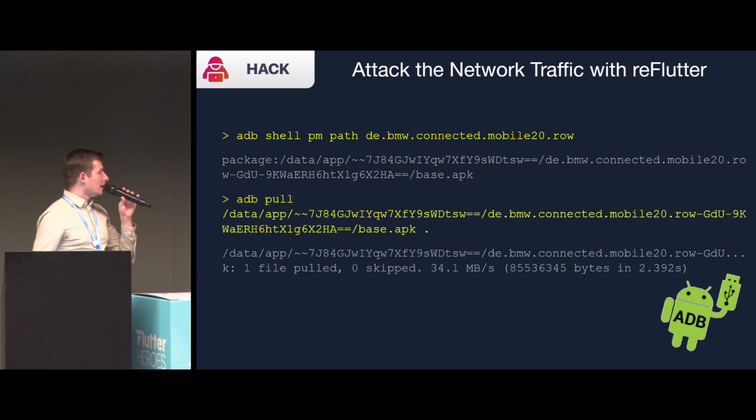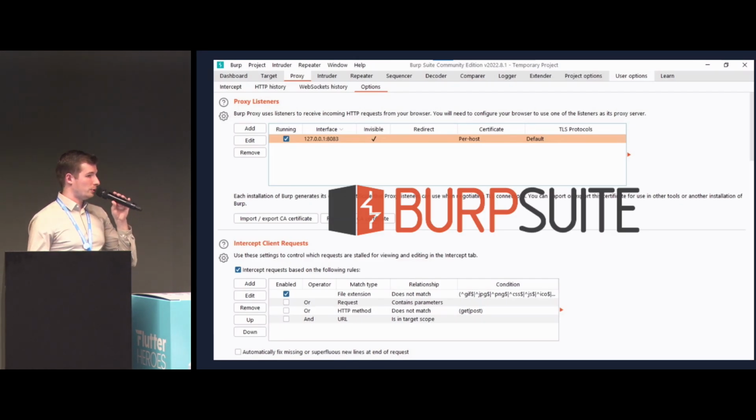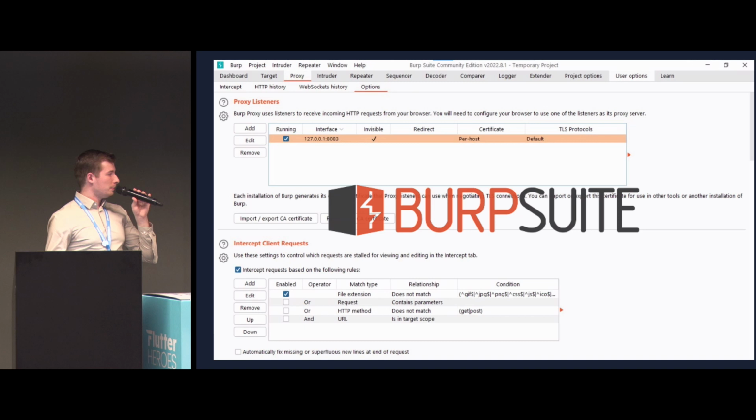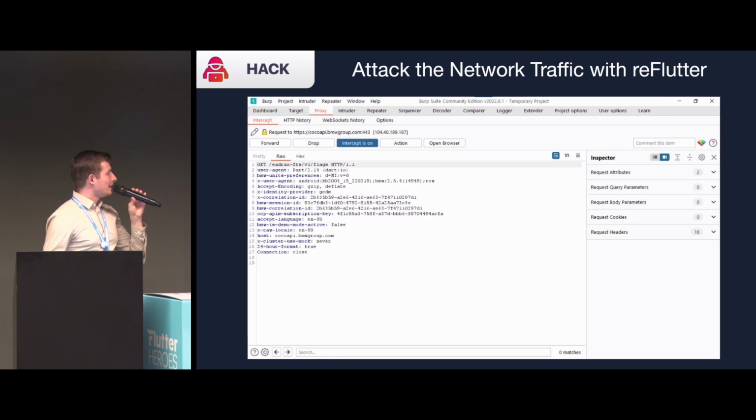and ran it. These lines are something you've seen before. Then I connected it to my Burp Suite, and I could see what all those buttons were doing in reality, because these car applications offer a lot of funny things like honking your horn or switching on lights. I wanted to know how this looks in their JSONs, so I connected this application to Burp Suite, and thanks to Reflutter, I was able to inspect every call, even the account.